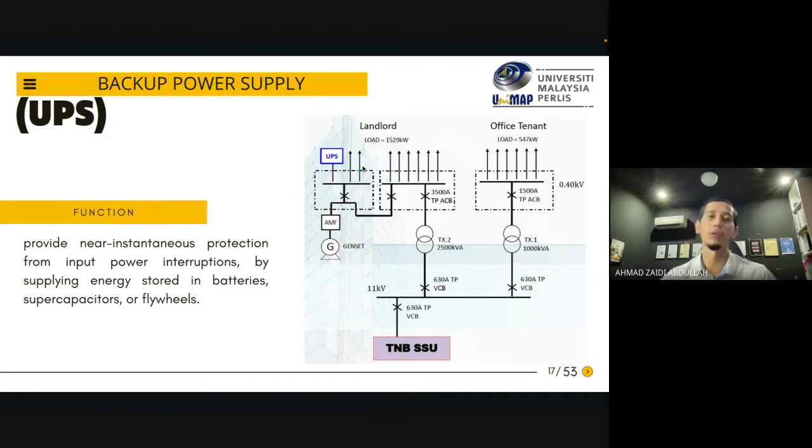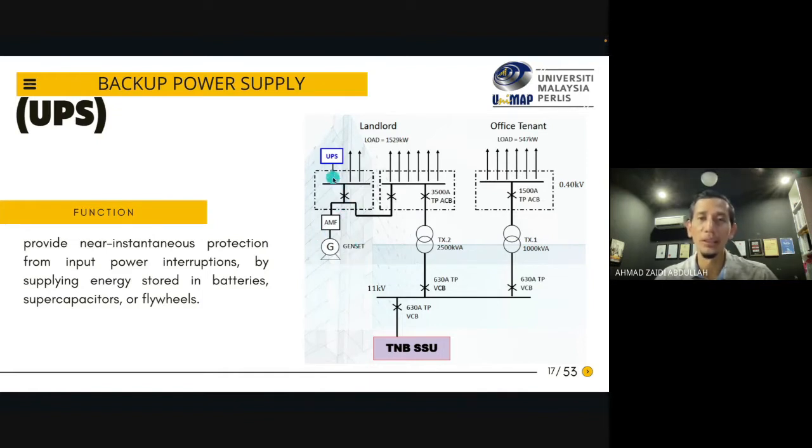Please remember that, because normally all engineers think that the UPS connection is the same as the genset. That's wrong.